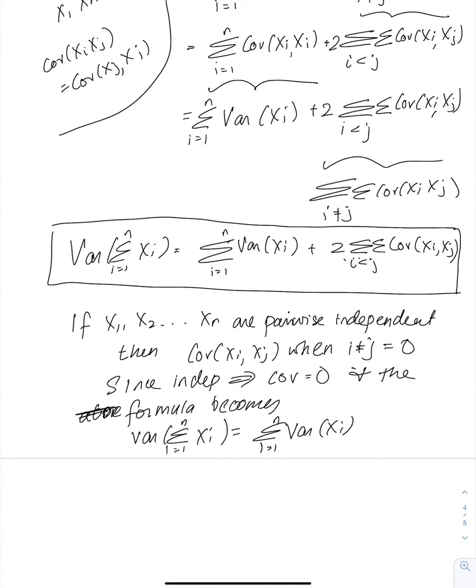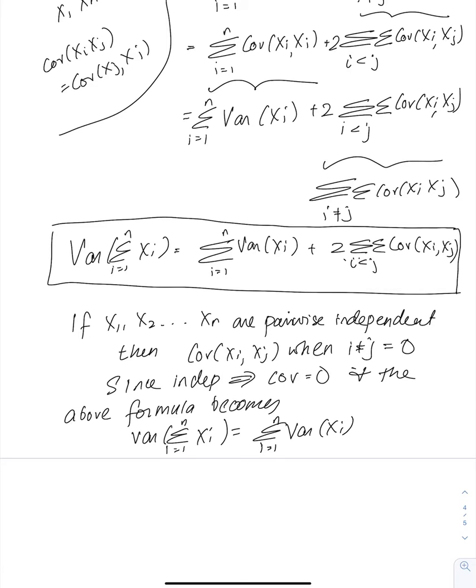Okay, so I hope you understand that you don't always have that the variance of a sum is the sum of variances. You do need that the covariances are 0. And if you have independence, then you automatically have that the covariance is 0.